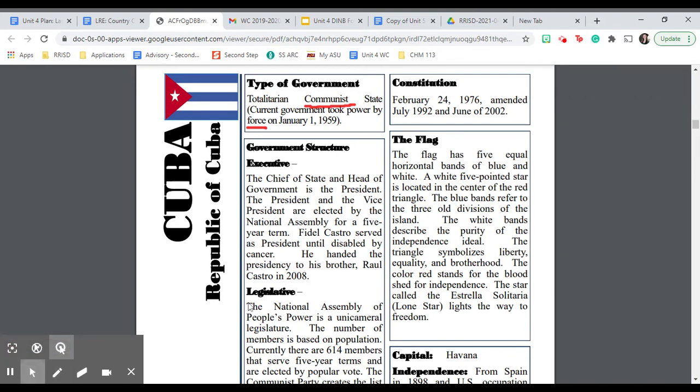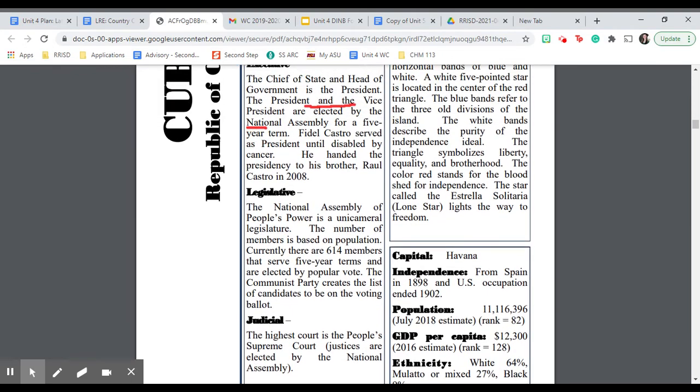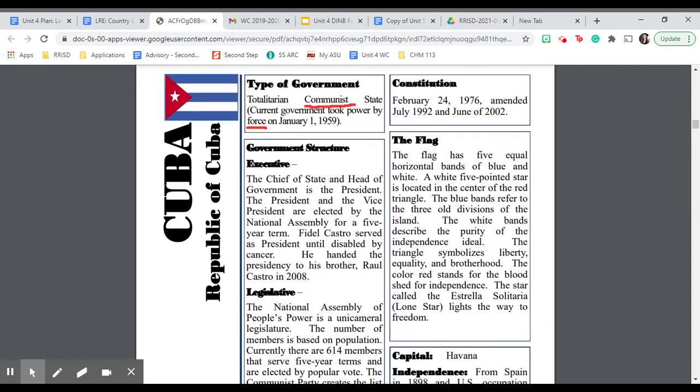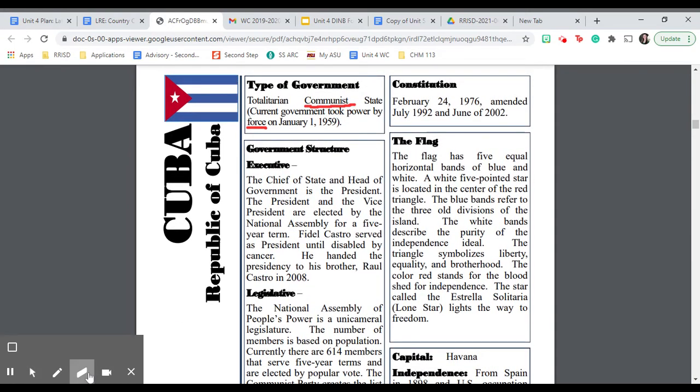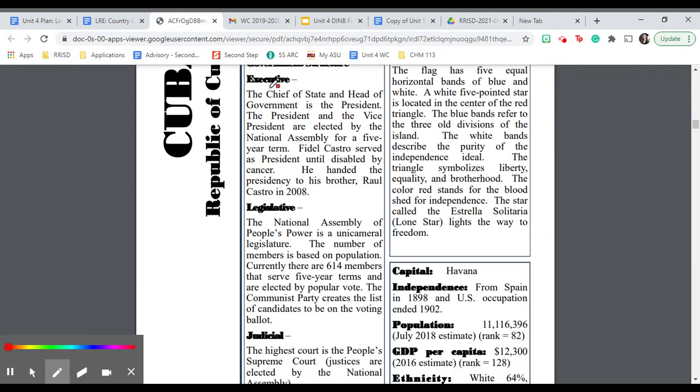Now, our government structure sounds a lot like what we have here in the USA, but it's nothing like it. So let's go ahead and erase those lines as we scroll down. Cuba does have a government structure of an executive branch, a legislative branch, and a judicial branch.